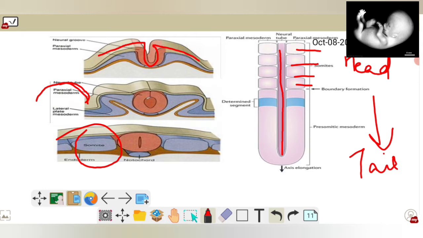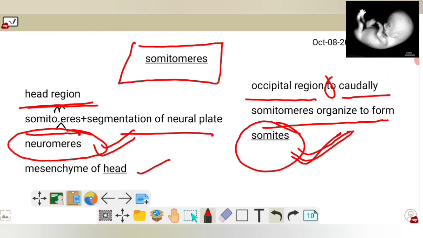The first somite appears on the 20th day, and 3 pairs are formed per day. From the 20th day up to the end of the 5th week, 3 pairs are formed daily.